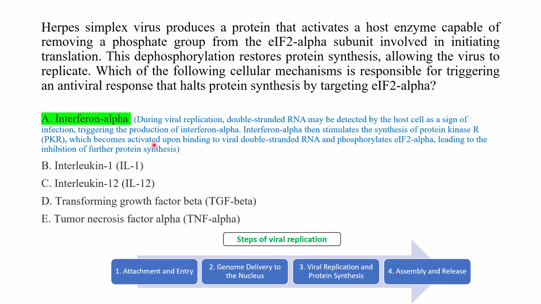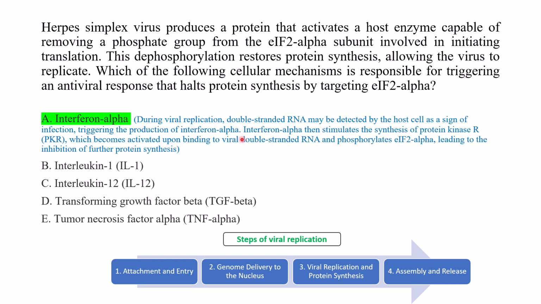Now, option A is correct because it is in stage number 3 where double-stranded RNA may be detected, triggering interferon alpha responses.